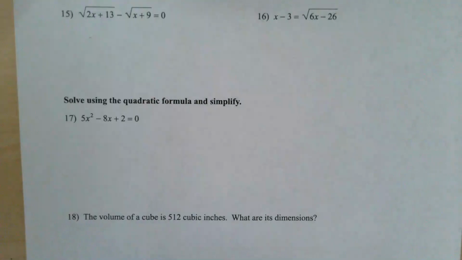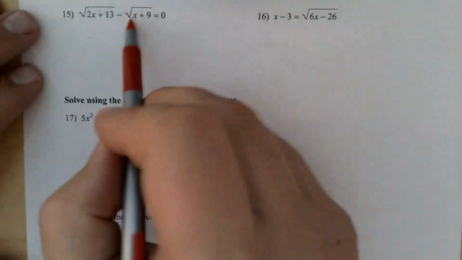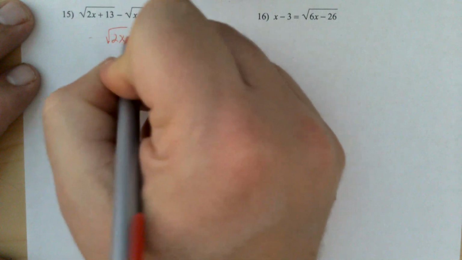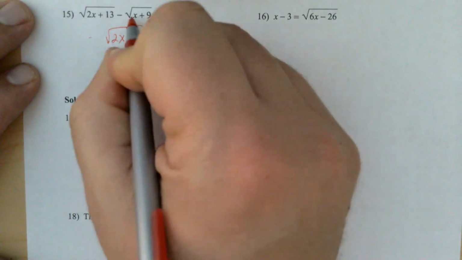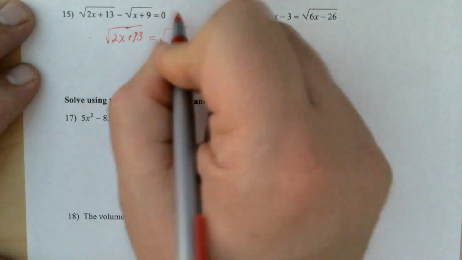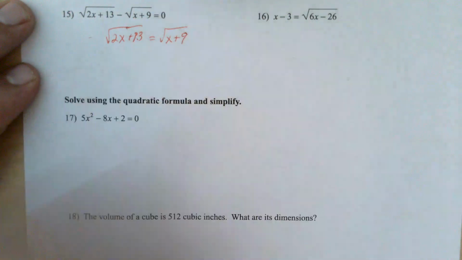Okay, so this again is a review. We already solved radical equations, equations with square roots. So for this problem, I want my radicals on opposite sides. I'm going to keep the 2x plus 13 on the left, but I'm going to pick this up and add it so that it's on the right.